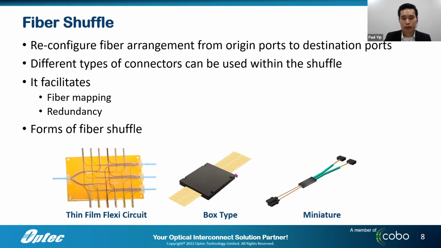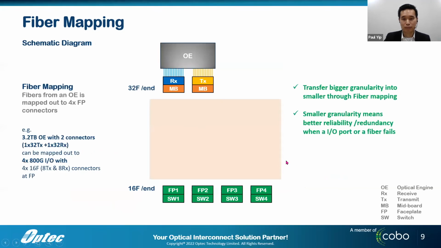In the middle is the box type, where the fibers cross over each other inside, and at the output we can check from one end to the other. It's very important that all the fibers are laid correctly inside the box and exit correctly, so the manufacturing process helps a lot.